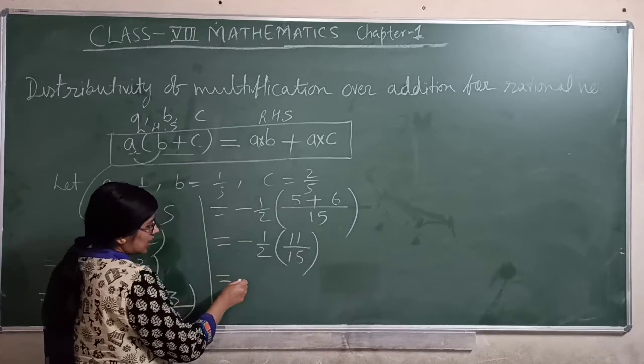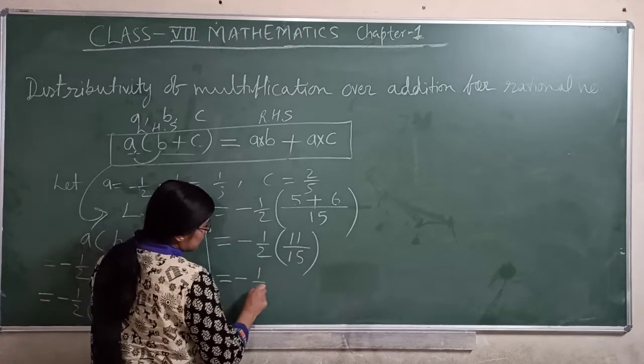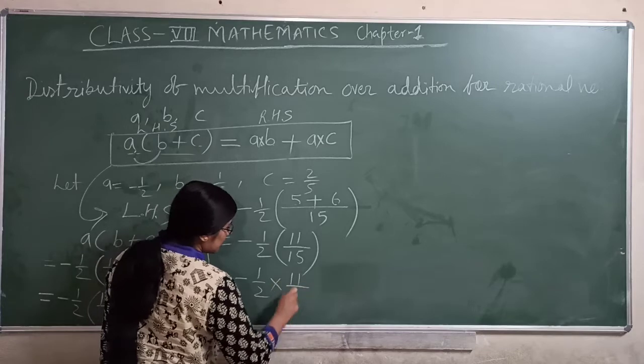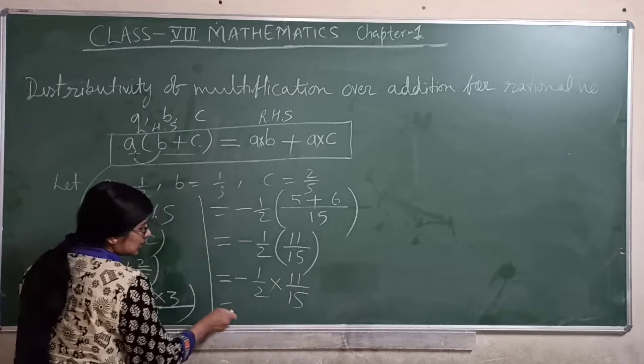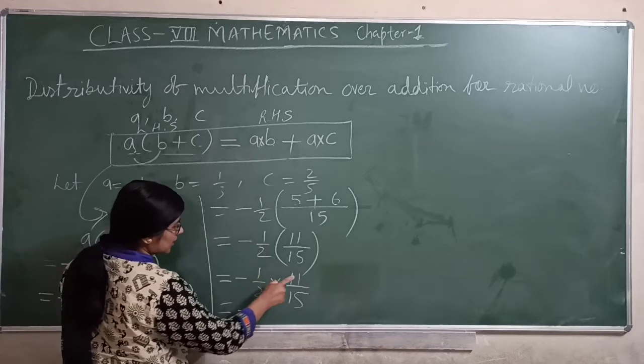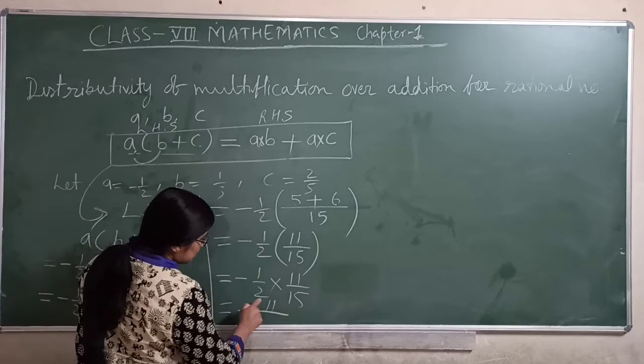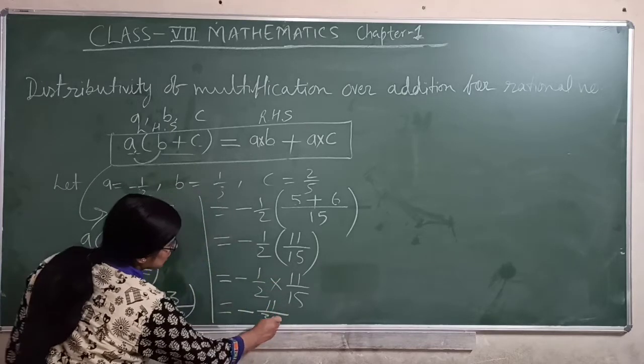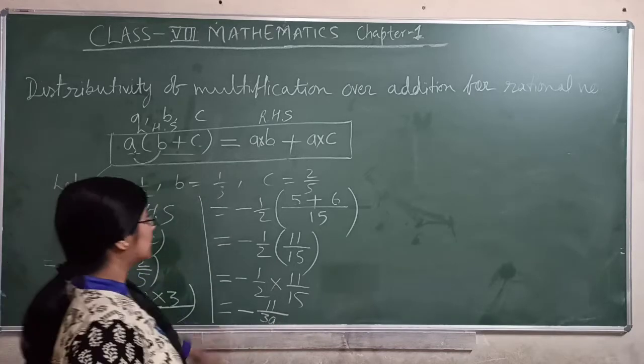And we can write minus 1 upon 2 into 11 upon 15. Nothing is being cancelled here. Minus into plus, minus. 1 times 11 is 11, 15 times 2 is 30. That's for the left hand side.